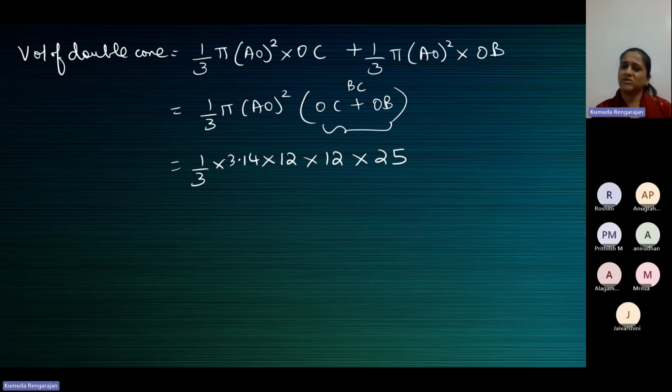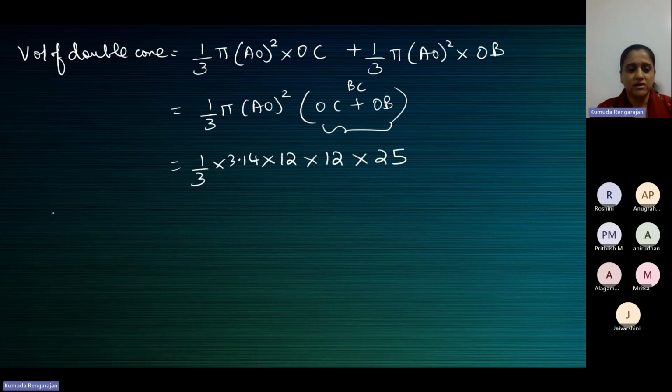But you don't need to find the heights separately because you get OC plus OB, which is BC, which you already know. BC is 25. So this you will calculate and find the volume.